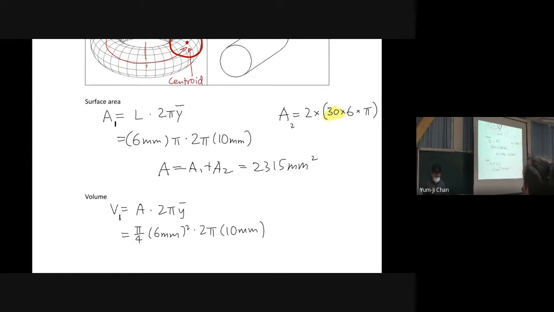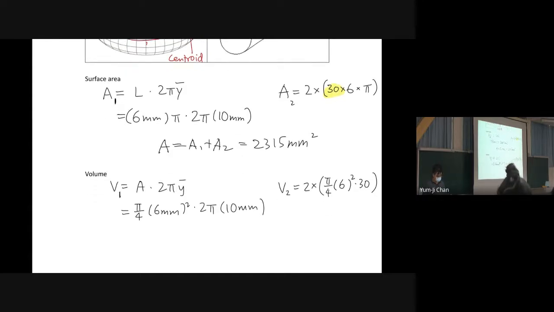And then we go to V2. V2 should be very easy for you. This is pi over 4 times 6 millimeter squared times 30. So the total volume is V1 plus V2, equal to this one.